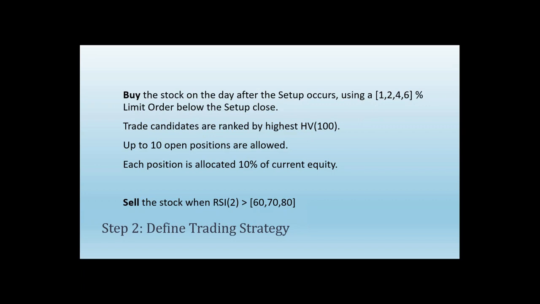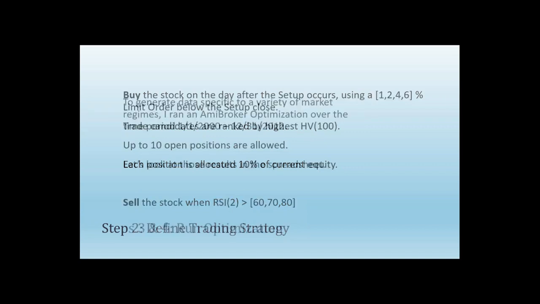And we're going to use very simple position sizing. Up to 10 open positions, and each position will be allocated 10% of our current equity. We have only one way to get out of the trade, and that's to sell when the RSI2 rises back above some threshold, and the thresholds that I tested were 60, 70, and 80. So basically we're buying on the pullback and we're selling into strength. Very, very basic mean reversion.